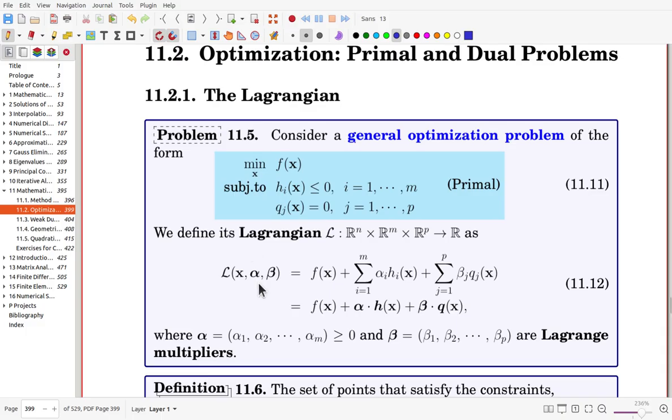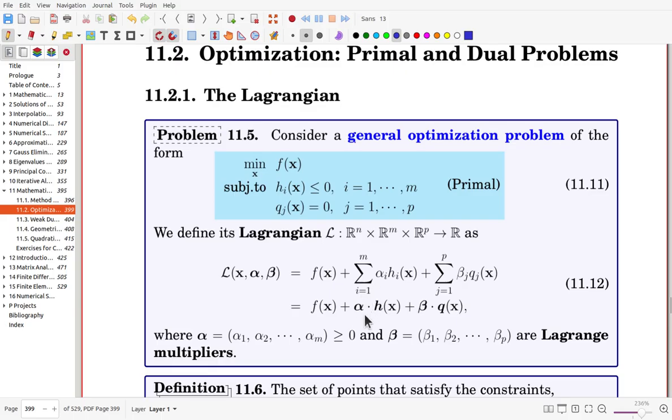We call this function the Lagrangian. It is f of x, the original objective function, plus a sum of alpha i multiplied by the inequality constraints, plus a sum of beta j multiplied by the equality constraints. That is the Lagrangian.